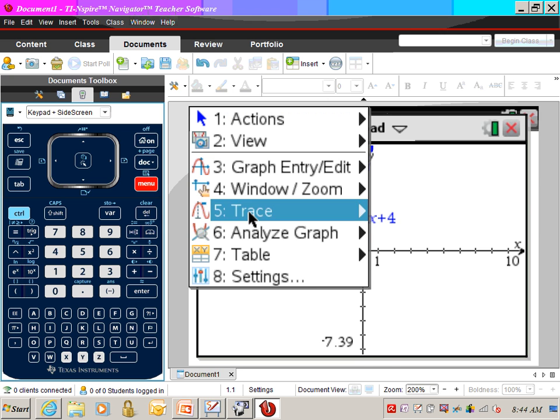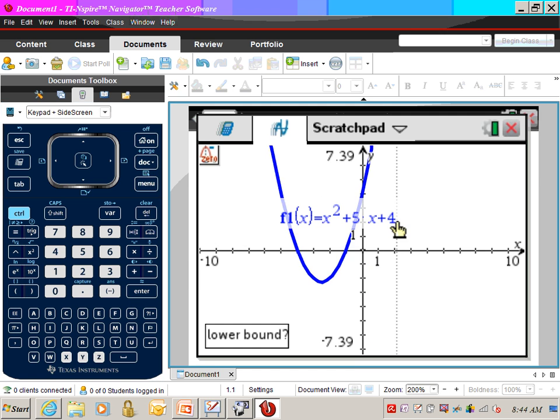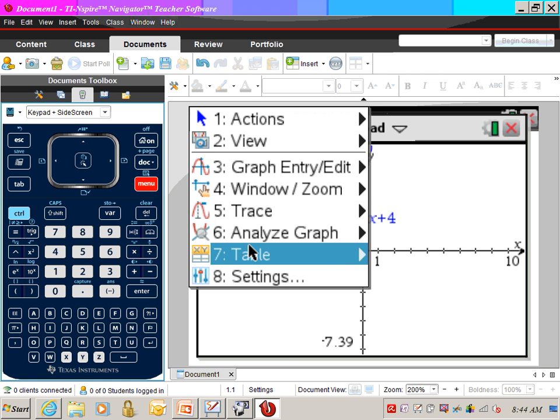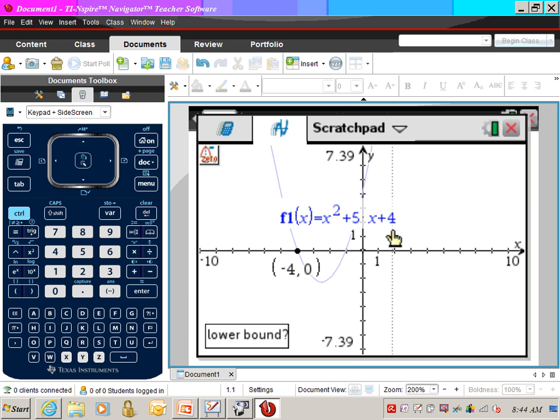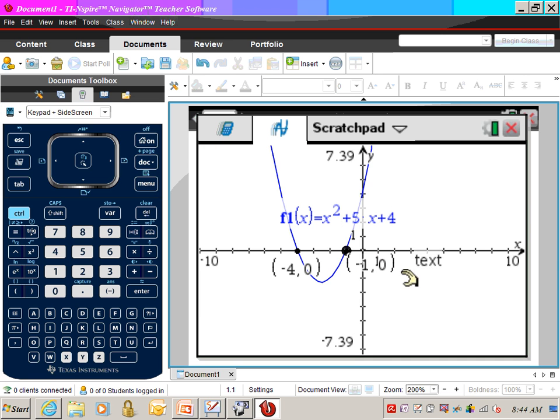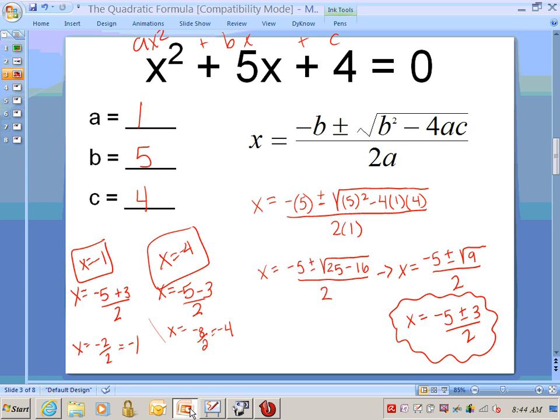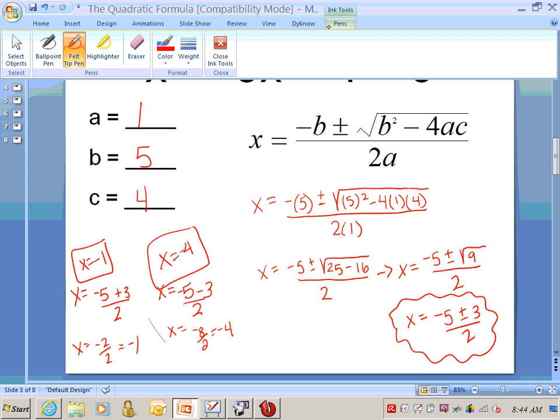So menu, analyze the 0. Go to the left and right. And do it again. Were the answers negative 4 and negative 1? Yes.